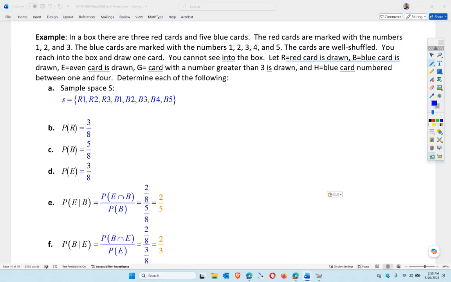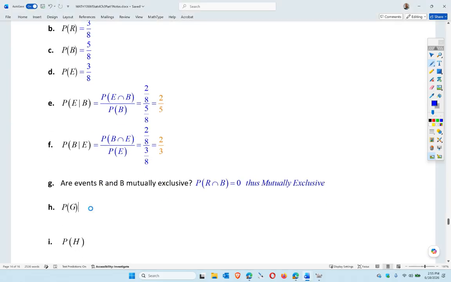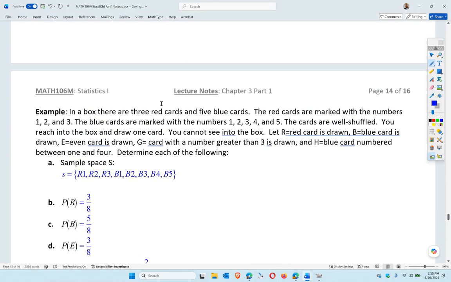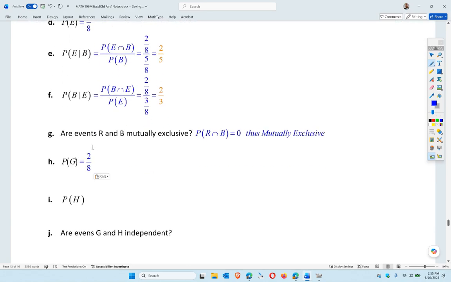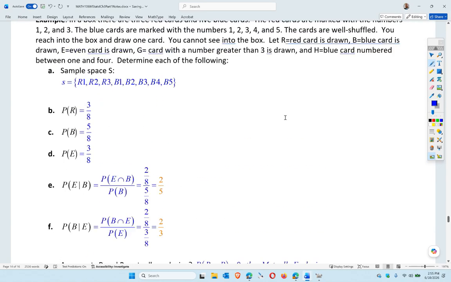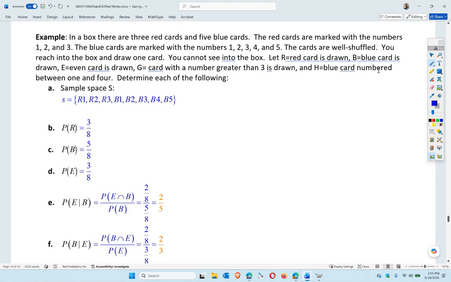So that means there are only 2 cards, or 2 marbles? Marbles. Red cards. Oh, they are cards. I'm sorry, cards this time. Right, so H is what? H is blue card numbered between 1 and 4. All right, 1, 2, 3, 4. So that's 4 cards, basically.